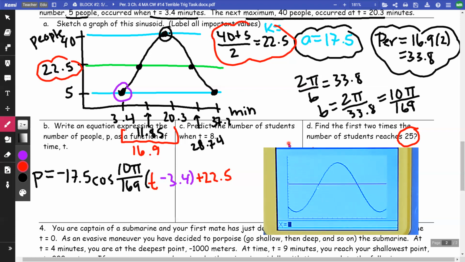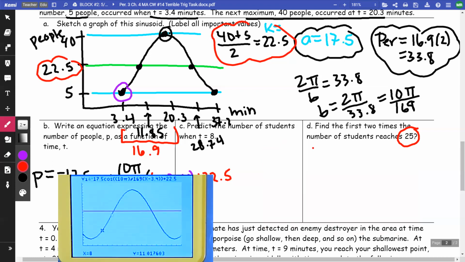Hit that, and we want 8. It'll take me to the graph and give me the answer. So predict the number of students when t equals 8, about 11. It was 11.01, but about 11.